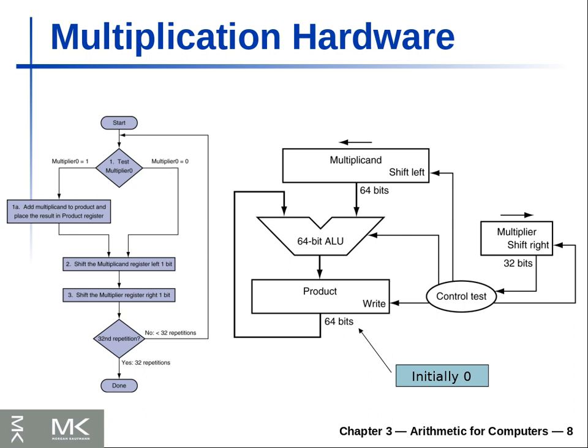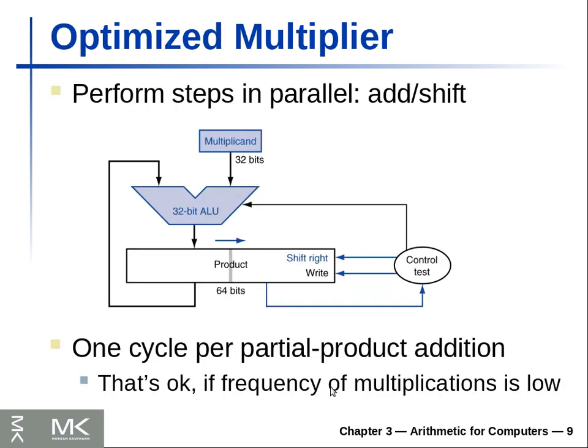So it would be nice if we can get rid of that 64-bit ALU. Also, the multiplicand is 64 bits. It'd be nice if we could keep that to 32 bits as well. And we can, by simplifying. They call it an optimized multiplier, or a simplified multiplier. I wouldn't call this fully optimized, but it's more optimal than the previous one.